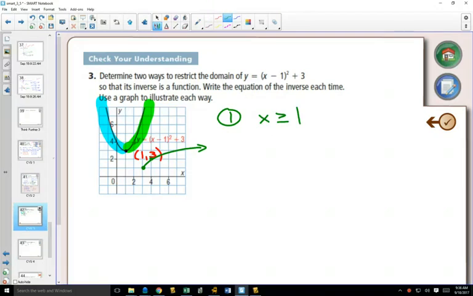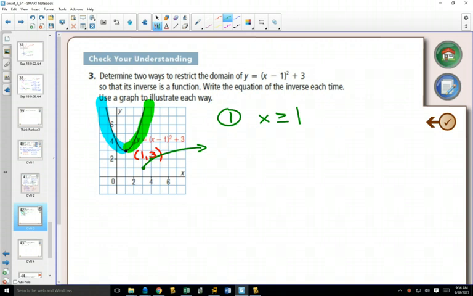And if I restricted it to just bigger than or equal to 1, then my inverse, which I drew here, is a function. The green one is on the right. So x is bigger than or equal to 1.